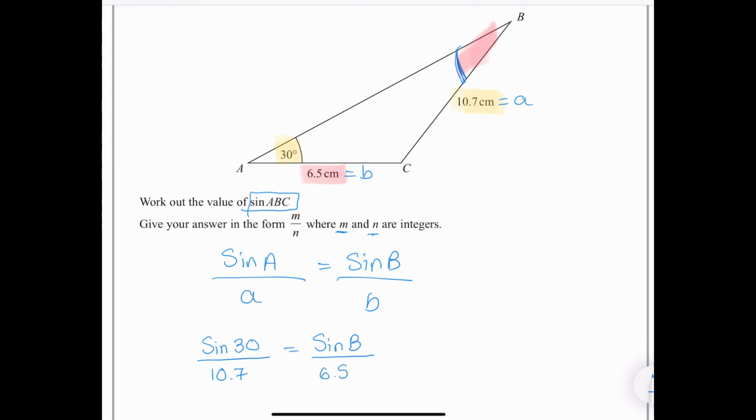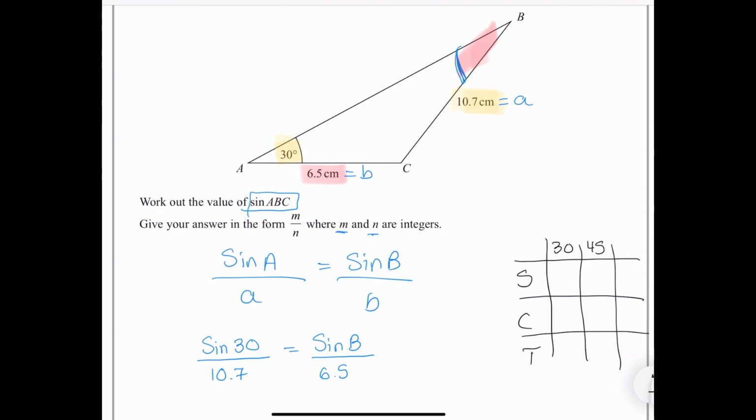Right, this is a non-calculator paper, so we can't just go and get our calculator to figure out what sine of 30 is. We need to know some of these exact values. So this is where I put a little table together, and it helps me figure out my values. Let's do sine, cos, and tan here, for 30, 45, and 60.